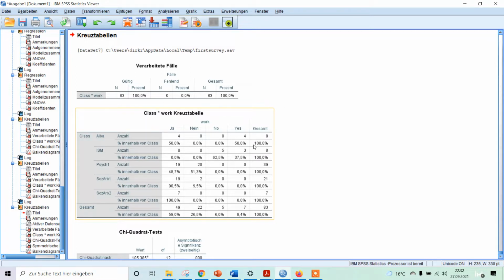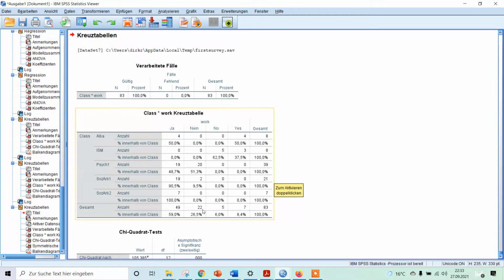That means these 100% are all Alba students from the class Alba here. You see 50% of them said yes and 50% said no. Here you see ESM, 5 students, that are 62.5%, said no, they don't work alongside their studies, and 3 work alongside their studies. These are 37.5%. But as I said, we need to do this again because we first need to recode this variable.